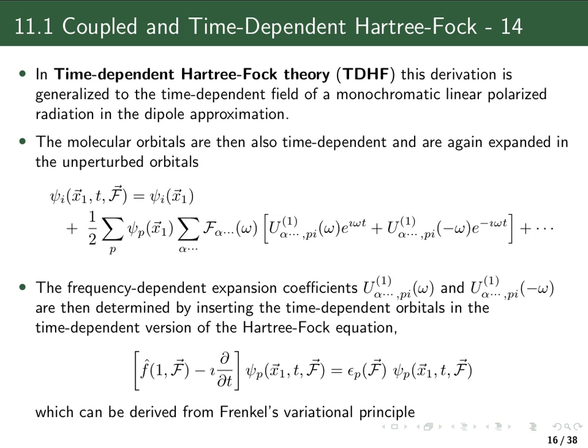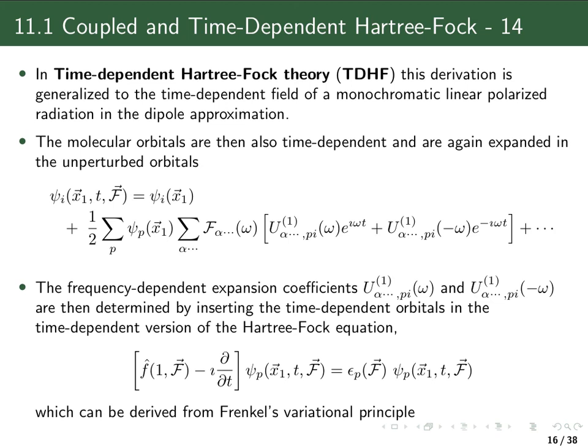Now, like for normal coupled Hartree-Fock, the static case, we have to then derive equations from which we can evaluate or determine these expansion coefficients collected in these unitary matrices.